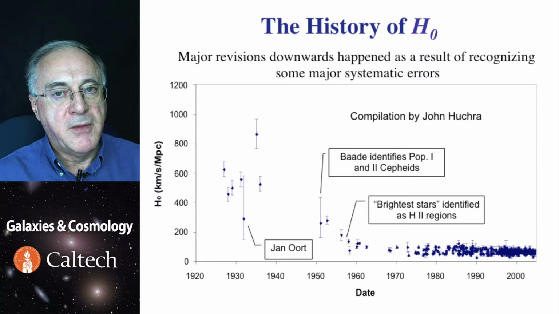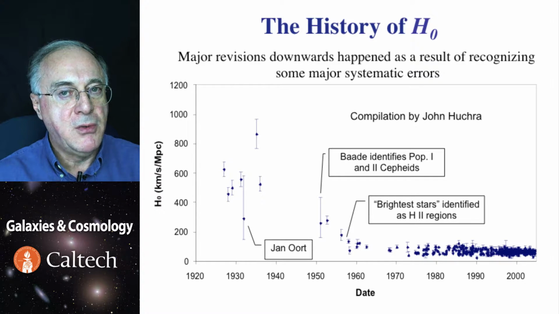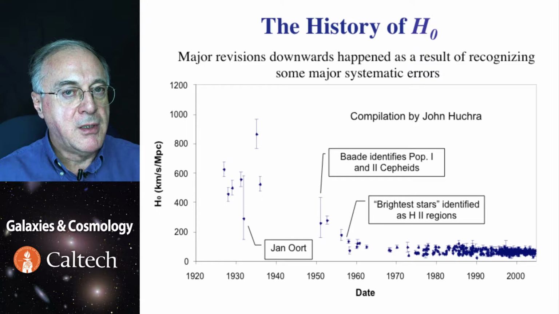Ever since then, the value of the Hubble constant was revised, usually downward. The first major revision was due to Walter Baade, who recognized that there are really 2 very different kinds of pulsating stars, one of which is confused for the other. And he came up with the concept of stellar populations that immediately halved the value of Hubble's constant. Then improved measurements pushed it further down and down.